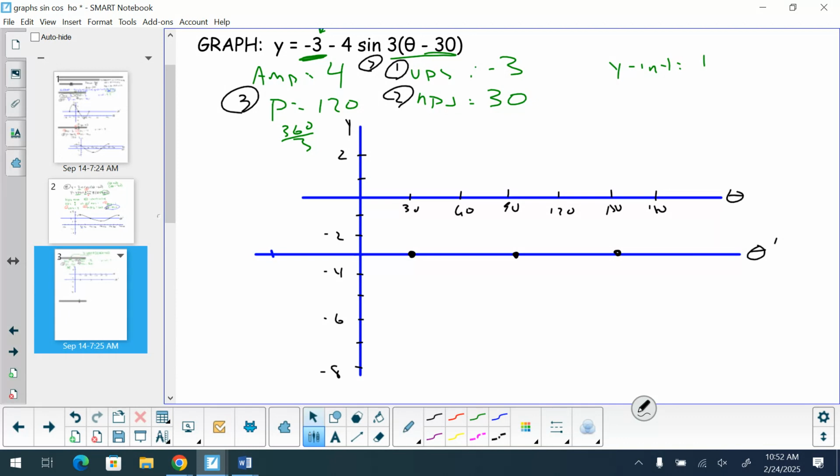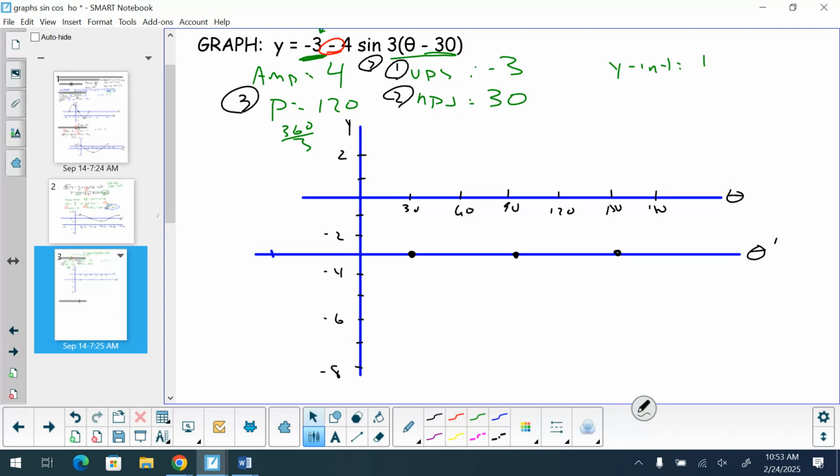Now this is where the negative affects our graph. Our halfway point between 30 and 90 is 60, but since we have a negative there, we have SpongeBob opposite day. Sine typically goes click, click, click, climbs the hill, screams, down, then back up again.